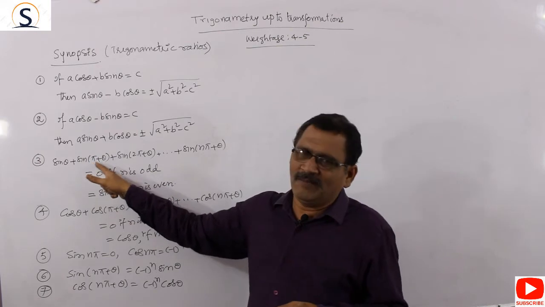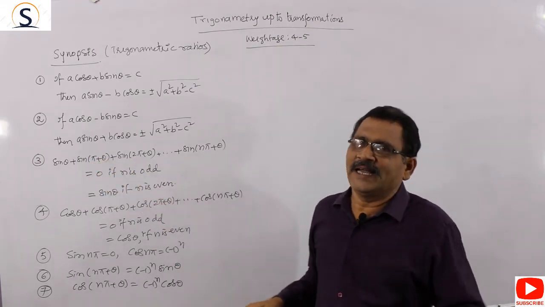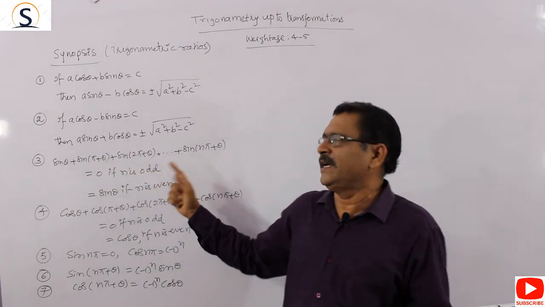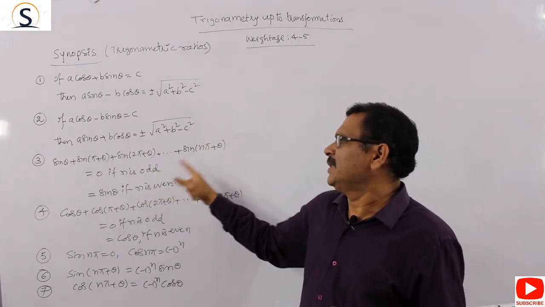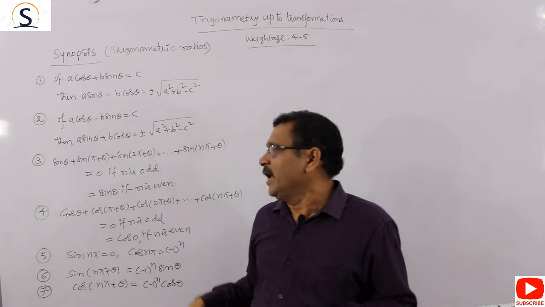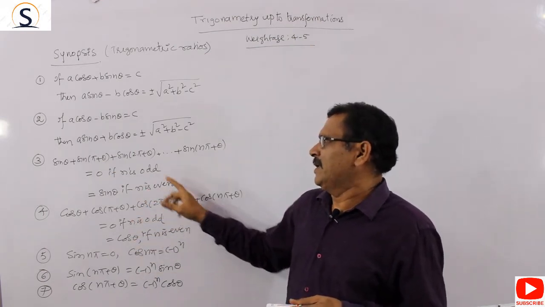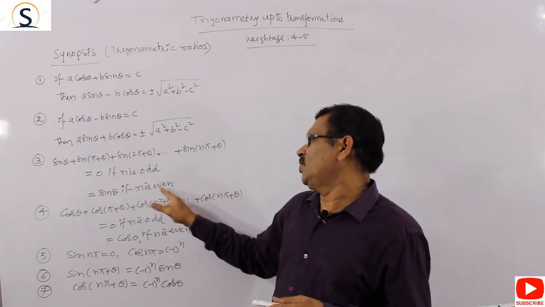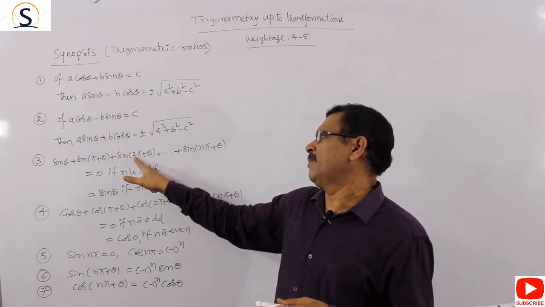You know, sin of pi plus theta is minus sin theta. So sin theta minus sin theta becomes 0. That is why if it is odd, this value is 0. If it is even, suppose take these 3 terms, n is even means this is an even number.